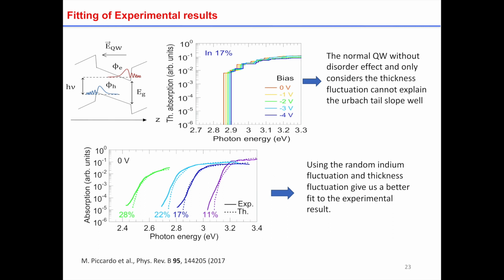The experiment is the full curve, and the theory is the dashed curve, which is quite interesting because this is the first instance when you see that the absorption edge is determined by disorder and not by thermal fluctuations, which is not usually the case. But it's because the disorder in indium gallium nitride alloys is considered very strong.